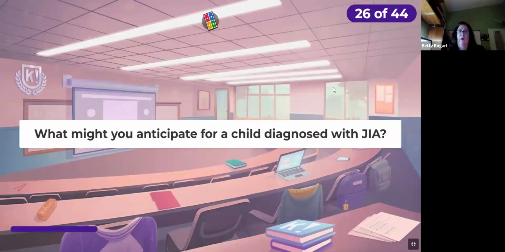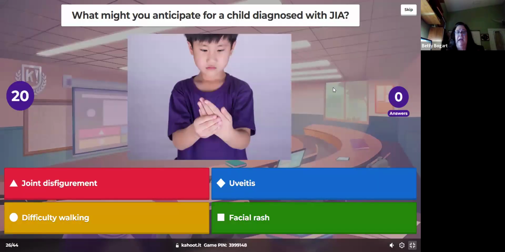A multi. What might you anticipate for a child diagnosed with JIA? What would they be showing you? As in what assessment things? Remember, JIA is the body attacking the joints, right? So what do you see? Well, we wake up in the morning, we're stiff, we're hard walking, we could be falling over.